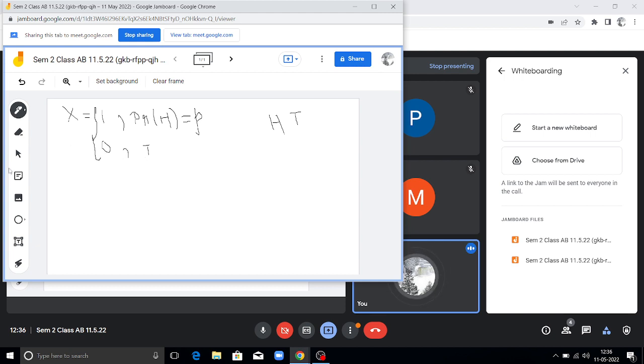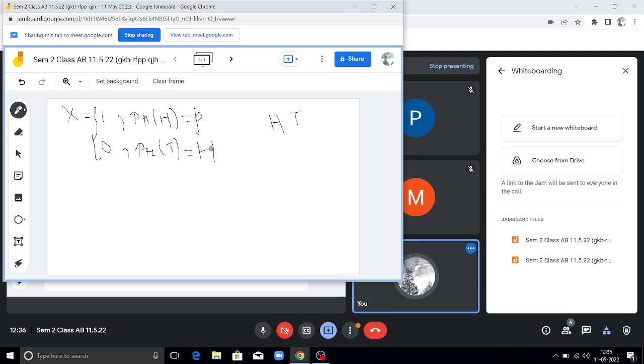The probability of getting the tail should be 1 minus p, because it's the complementary event.